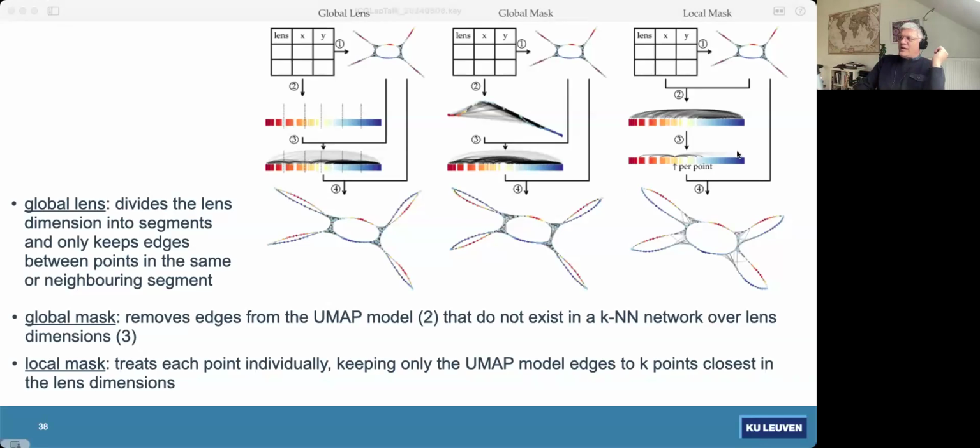And the local lens is really just looking at every single point individually. There are minor differences that do have some effects on the use, though. With the local mask, you might end up splitting into multiple components where that's not really the case with the global mask, for example. But here the compute cost is really high. We're still working on this as well, so this is not finished work. It's still in the process.